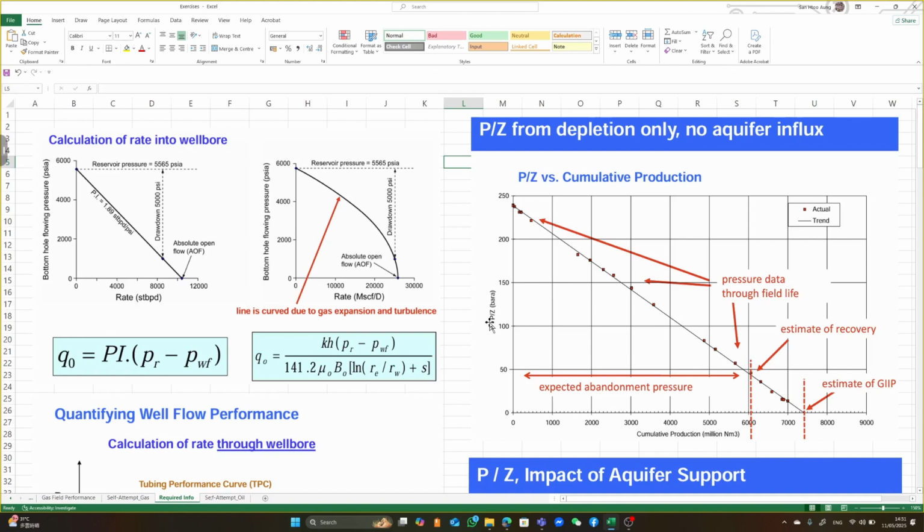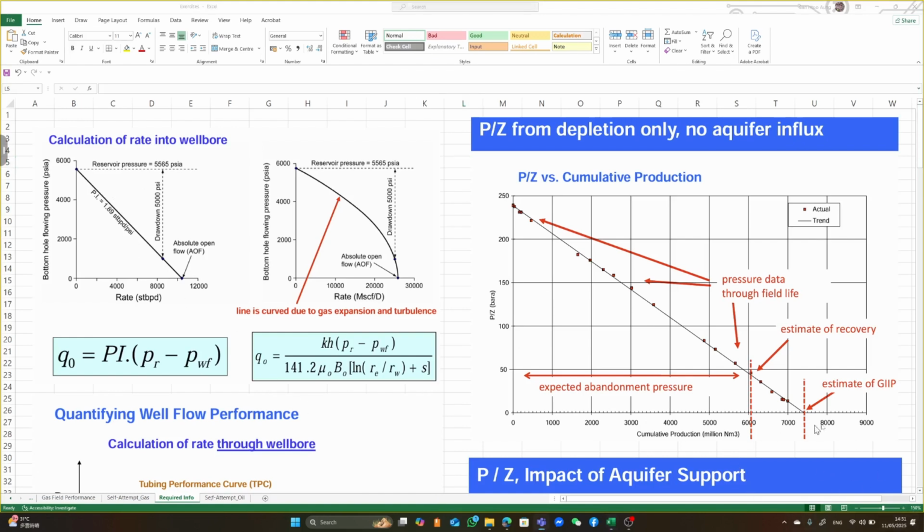Using this very simple concept, we can work out how much gas we are going to be producing, such as the maximum flow rate per day and the minimum flow rate per day. In order to do that, we first need to look at this graph here.